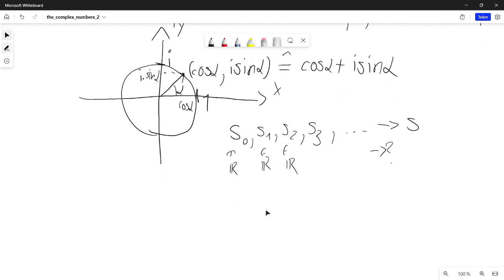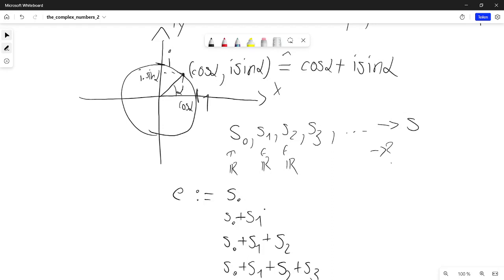Now we could consider a sequence like this. We could just define this new sequence in that way. These are all real numbers, so we could sum them up, and we could define this new sequence to be like e0, e1. We're just defining a new sequence. Nothing prevents us from doing that.